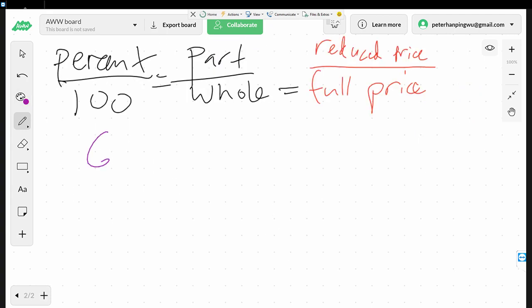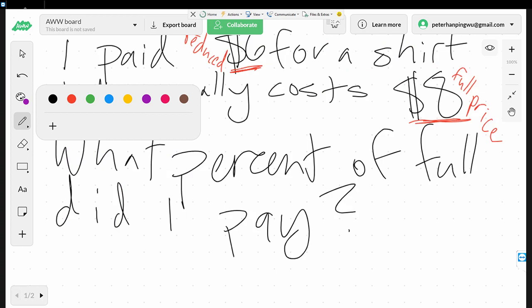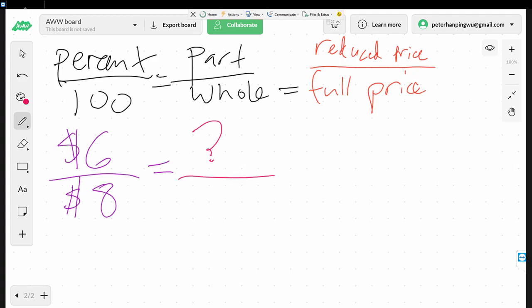So our fraction is going to be $6 over the full price, which is $8. That we're going to set equal to our percentage. Now, do we know our percentage? No, we're asking what percent of full price did I pay? So I'm going to write a question mark for our percentage, but because percentage is always out of 100, we can write 100 as our denominator here.